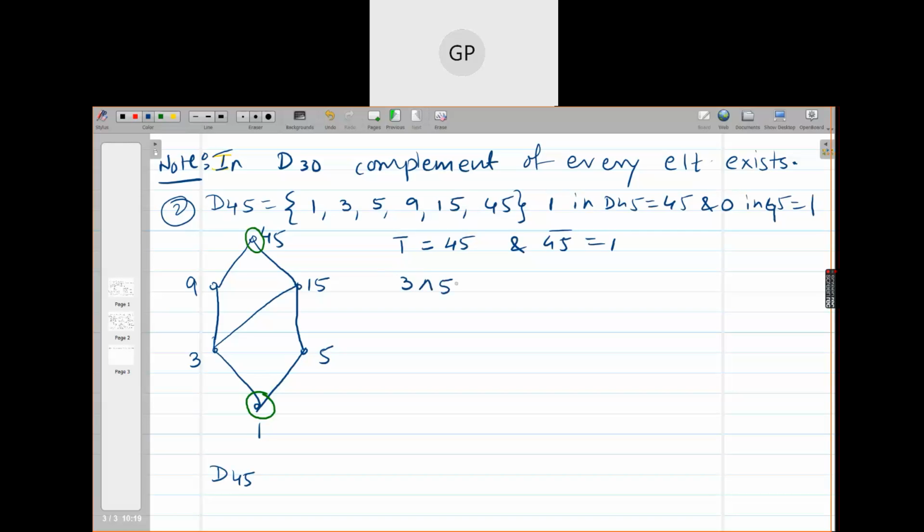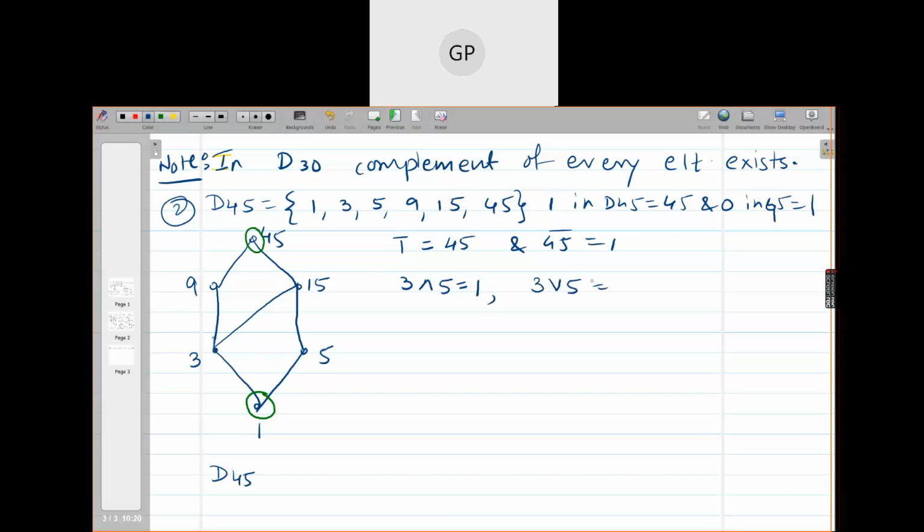Does 3 have any complement? What is 3 meet 5? It is 1. Yes. What is 3 join 5? You have to collect all the upper bounds of 3 and 5.